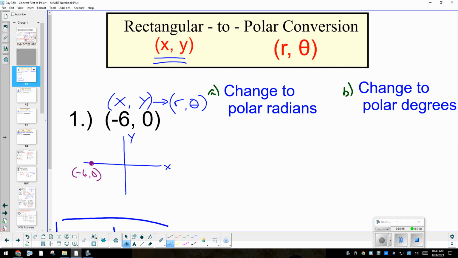For these problems, you necessarily don't need to use the formulas, so to speak. You can find the radius pretty easily, because the radius is the length from the origin. So what would this length be? 6. Just 6, right? You didn't need a formula. But if you wanted to use the formula, I'm just going to show you.